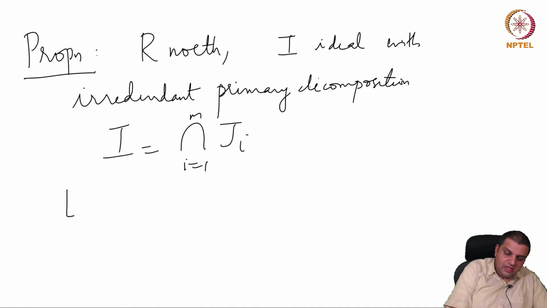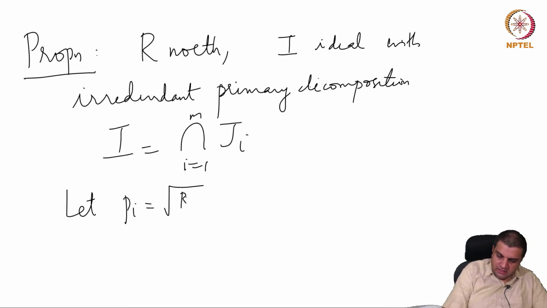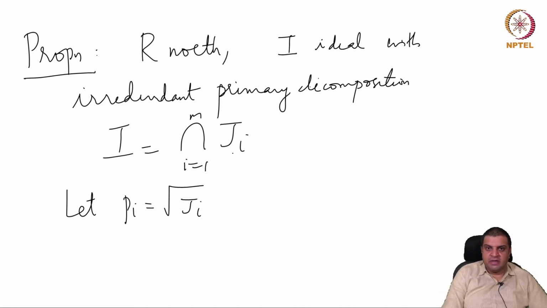Let Pi be the radical of Ji, the radical of the annihilator of R mod Ji. Ji is a primary ideal, so the radical of Ji is a prime ideal.